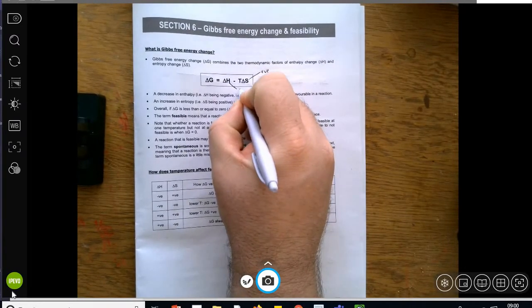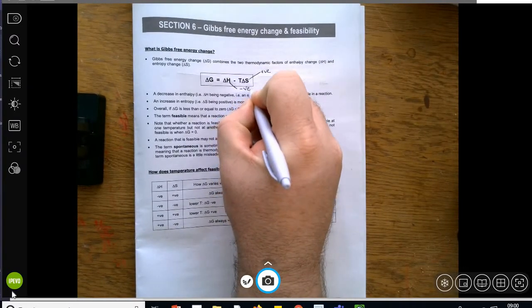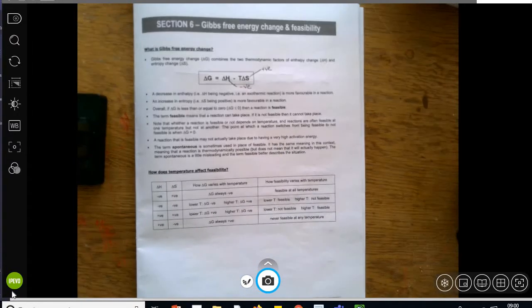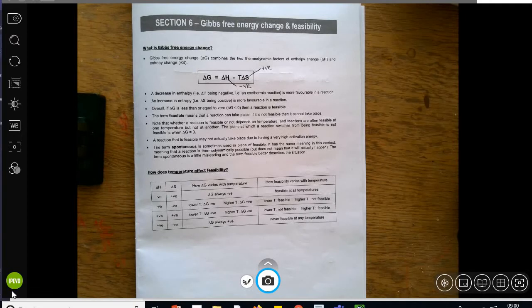which is delta H, we want this value to be negative because it's exothermic, so it's giving heat out to the surroundings, so the reactants have more energy than the products, so the excess energy is given out to the surroundings.